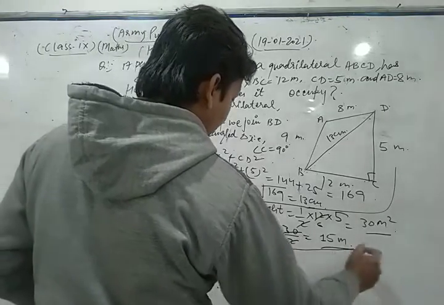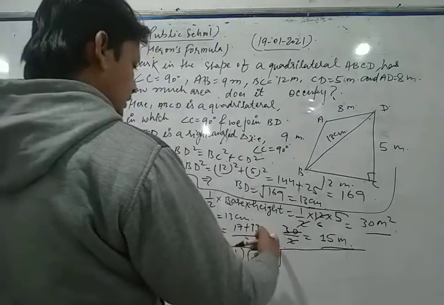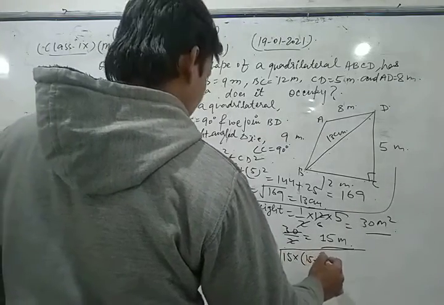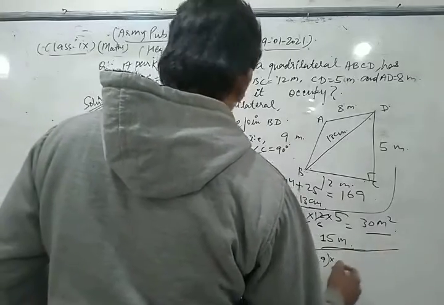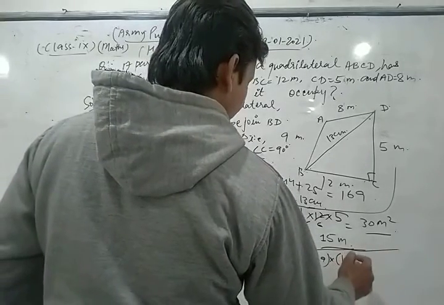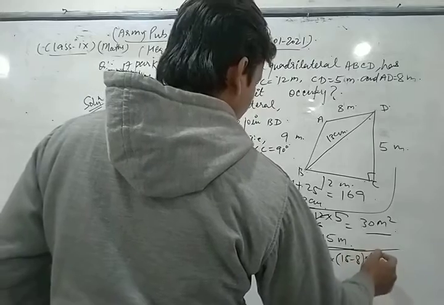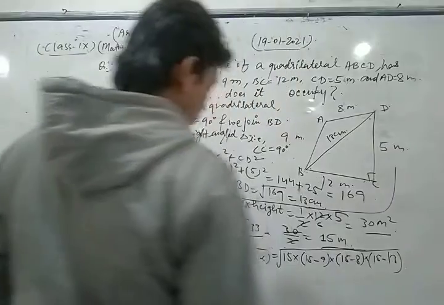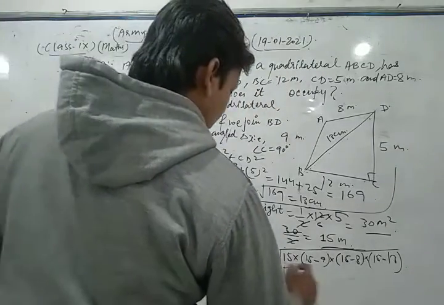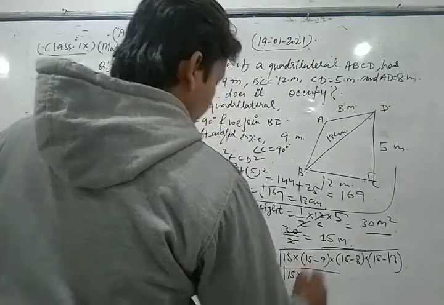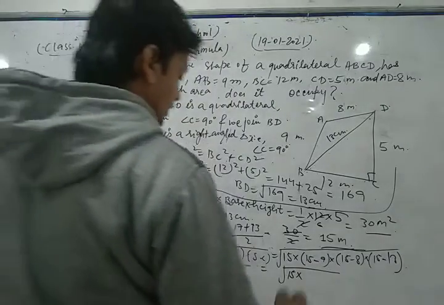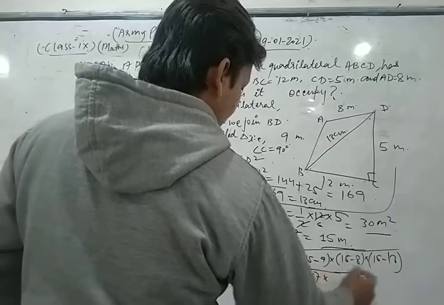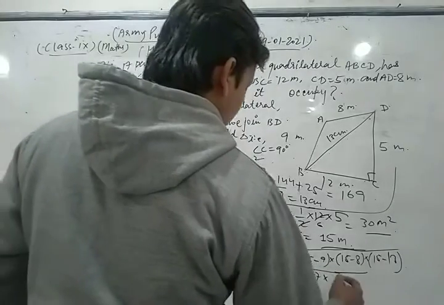So for that we get 15 into (15 minus 9) into (15 minus 8) into (15 minus 13). Let's see. 15 minus 9 is 6, 15 minus 8 is 7, and 15 minus 13 is 2.